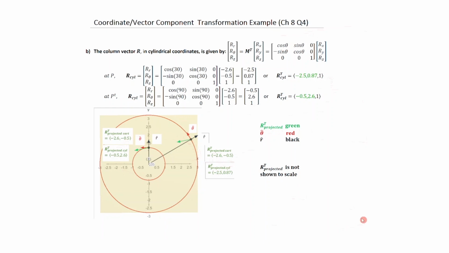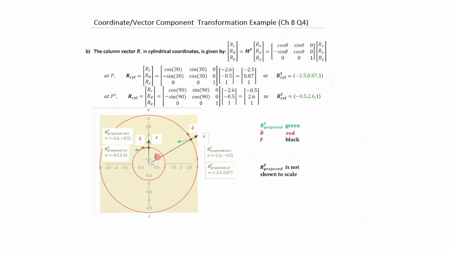Okay, so you'll notice here, for instance, there's RT projected, which is green. All right, so if you look here carefully, if I wanted to express this green vector in terms of the basis vectors x hat and y hat versus here, essentially it would be looking at the same problem.